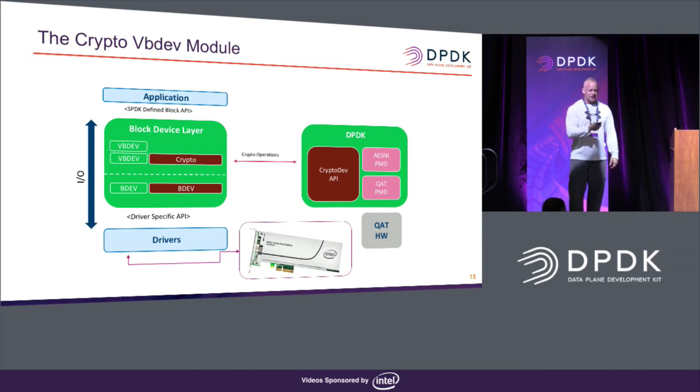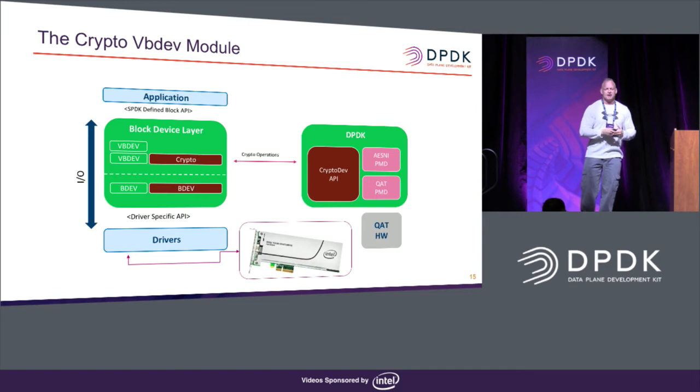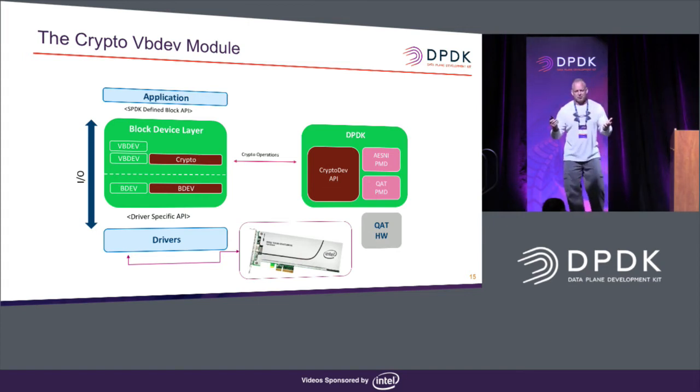The compression vbdev module was pretty easy to get fired up and running because it was so similar to the cryptodev. The cryptodev is actually more of a simplified model because we don't have to deal with metadata, right? Because the size of the data on disk and the location of the data on disk doesn't change with every operation. So if the application says, I'm writing to block 100, it's going to be at block 100. We're not doing any fancy translation, and the size doesn't change, like I said.